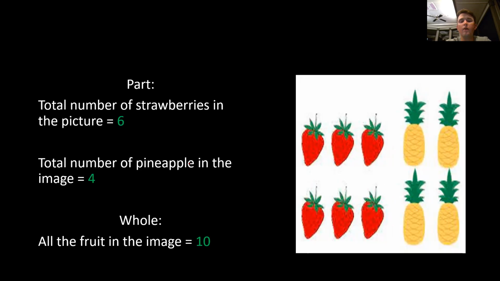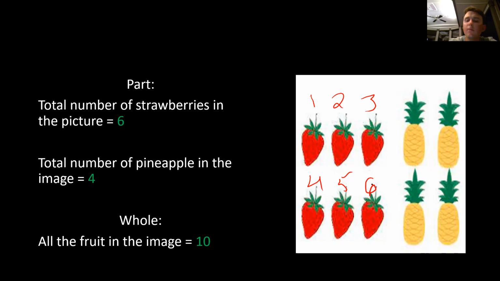So the part. There are 2 parts in this image. We have strawberries, which are a part, and then we have pineapples, which are a part. The total number of strawberries in the picture, which is 6, so 1, 2, 3, 4, 5, 6, is a part. So the part of strawberries is 6.